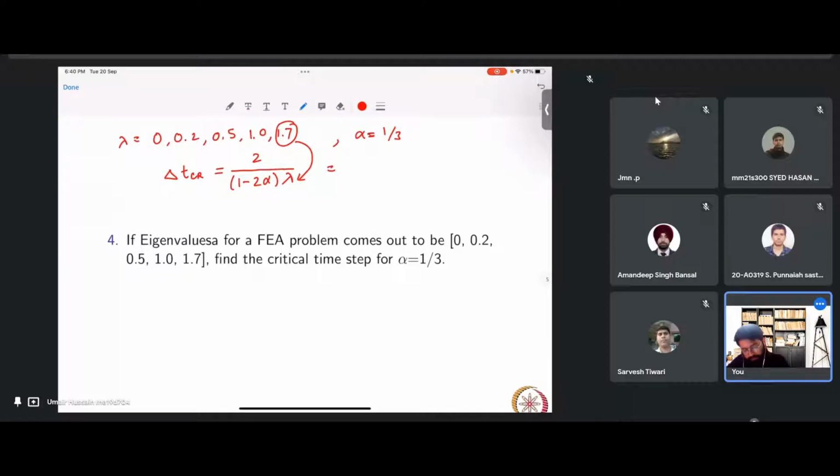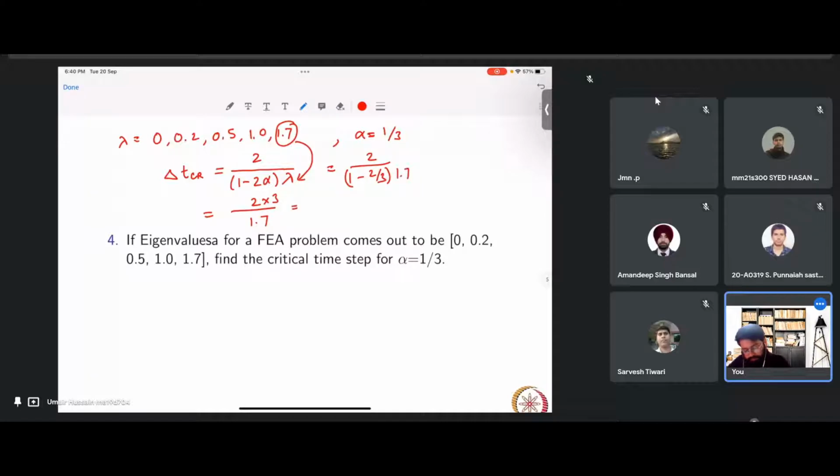So alpha is 1 by 3, so 1 minus 2 by 3 times 1.7. So we have 2 upon (1 minus 2 by 3) is 1 by 3, so 3 goes up, 2 to 6, over 1.7.